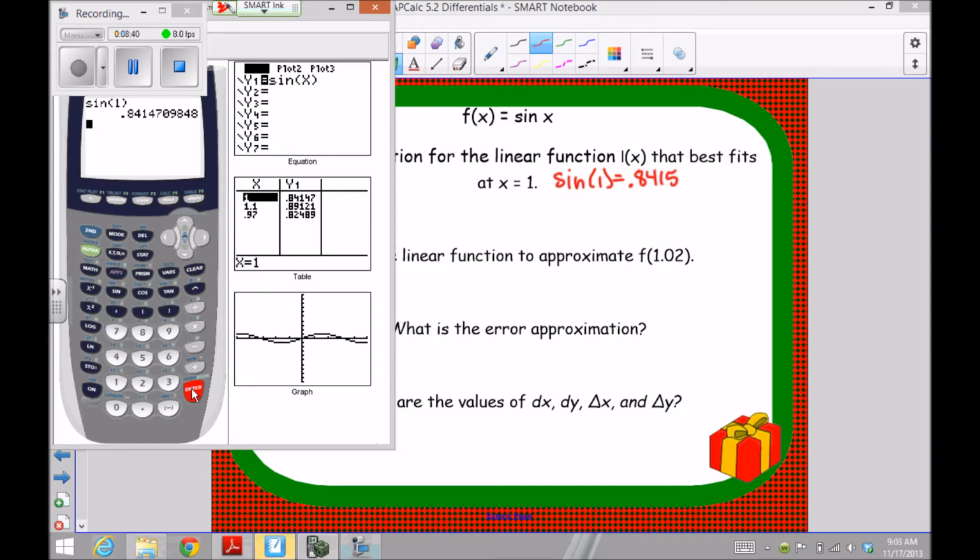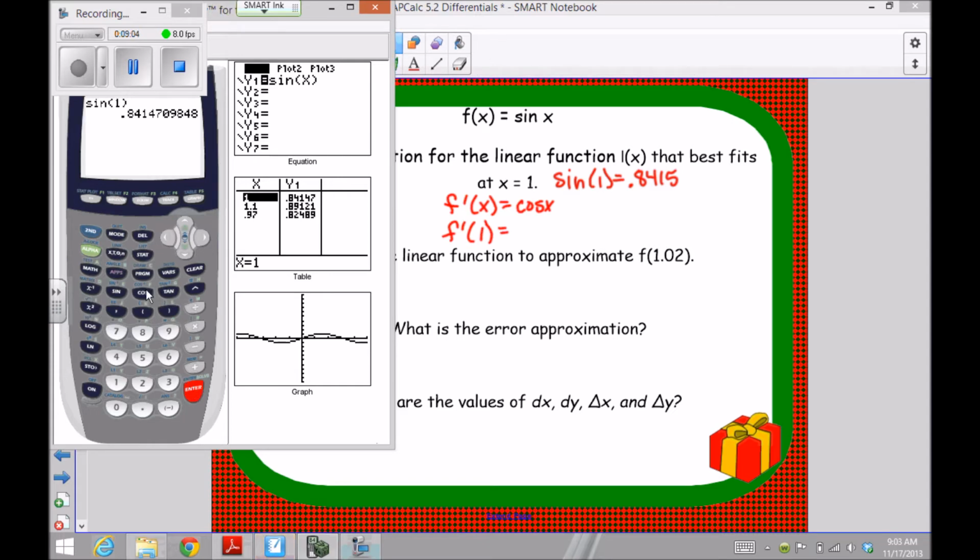Remember that's my f at 1, so now that I need to find f prime, I'm going to scoot back a little bit. My calculator's taking up part of my space, so y'all just going to be patient here. So we have f prime at x, derivative of sine, which is cosine x. And so then f prime at 1 is going to be cosine at 1.